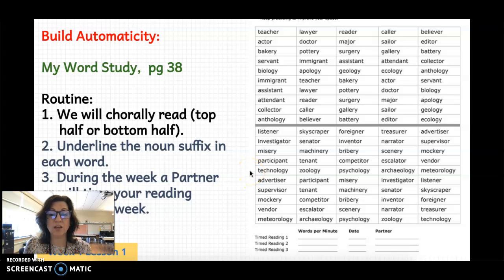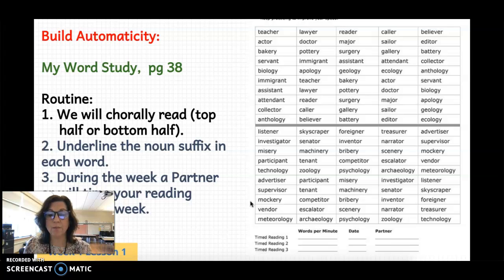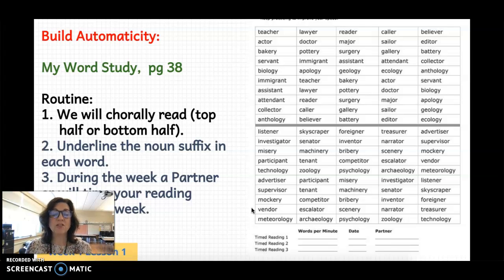technology, zoology, psychology, archaeology, meteorology, advertiser, participant, misery, investigator, listener, supervisor, tenant, machinery, senator, skyscraper, mockery, competitor, bribery, inventor, foreigner, vendor, escalator, scenery, narrator, treasurer, meteorology, archaeology, psychology, zoology, technology.